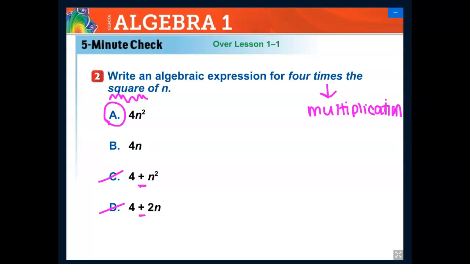So he says we can remove B because there's no squared, and square is part of my keywords. So if we didn't already, we would eliminate D and B for that keyword. Awesome. So a large part of this is, can you eliminate answers to help you narrow your choices? That's a very powerful skill.